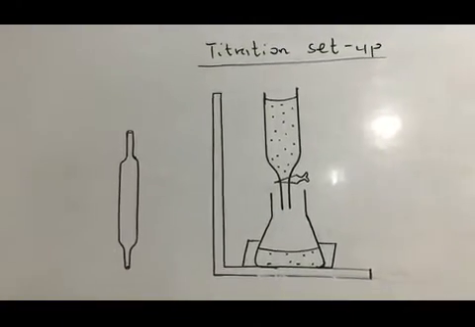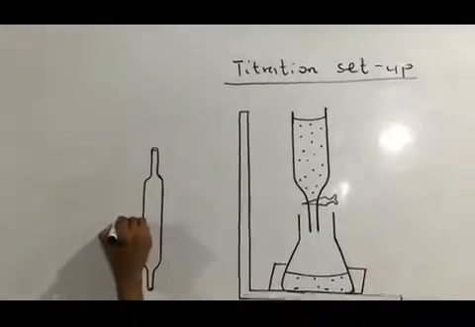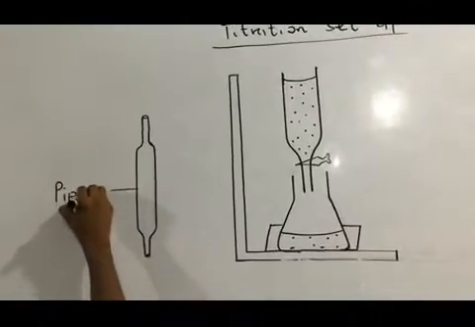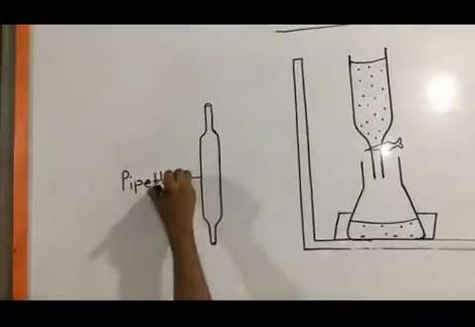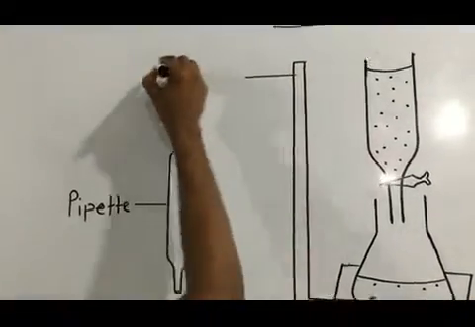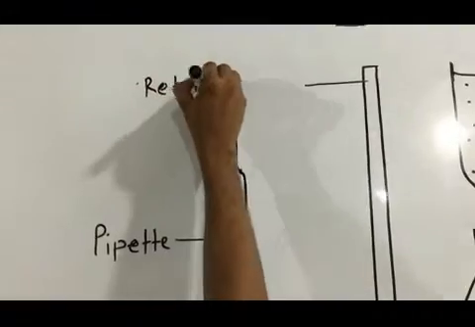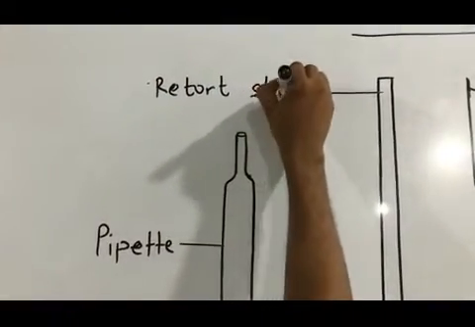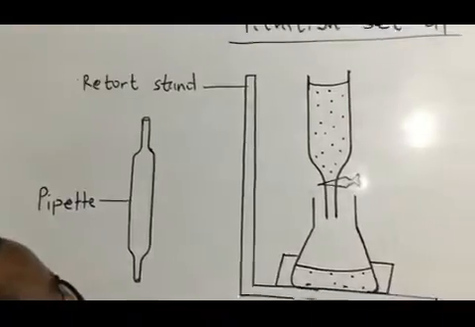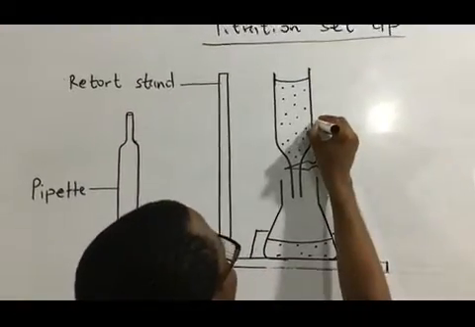I think in our previous questions we came across this apparatus. We call this pipette. So this is the pipette. You all know what this is. So this is a retort stand. Now this apparatus is what we call burette.